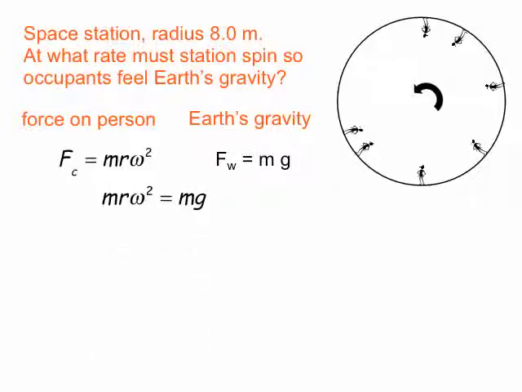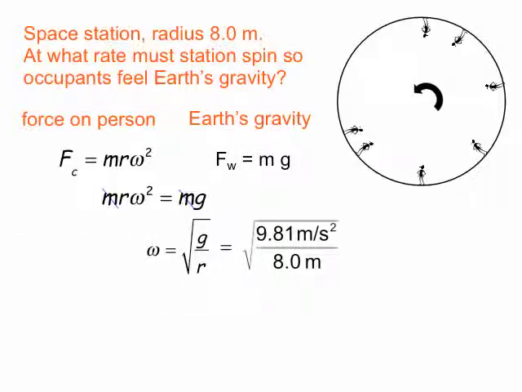Let's equate the two. That way we get rid of masses. Therefore, we can find that angular velocity, or the spin, is the square root of gravity over radius.